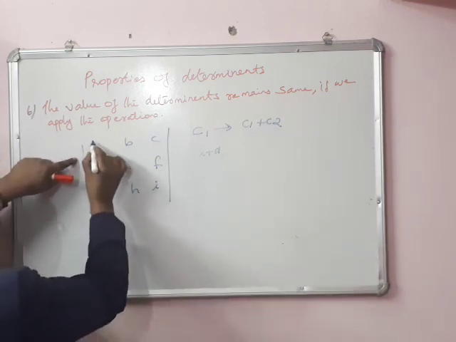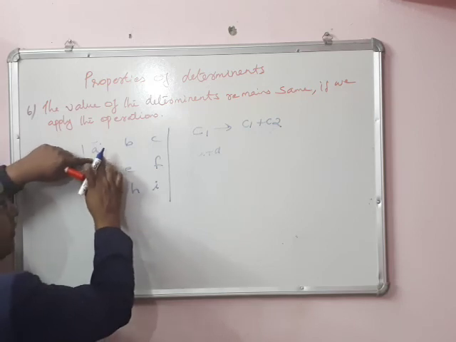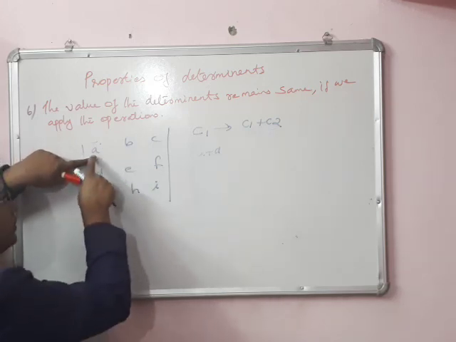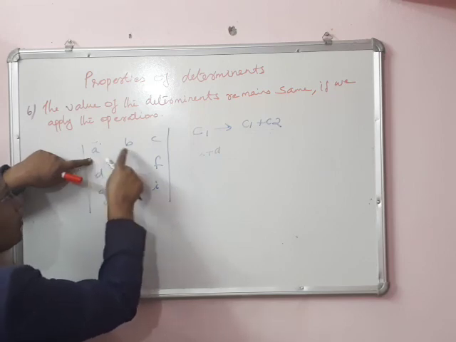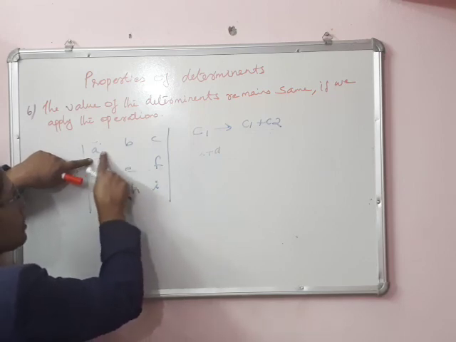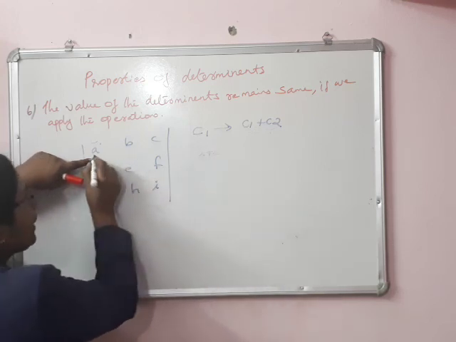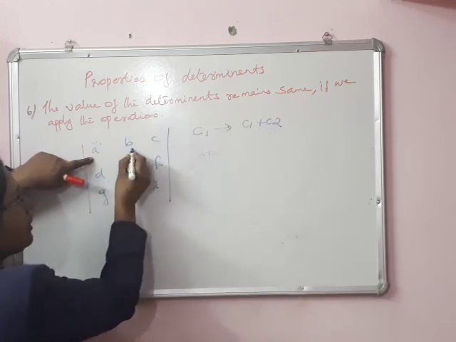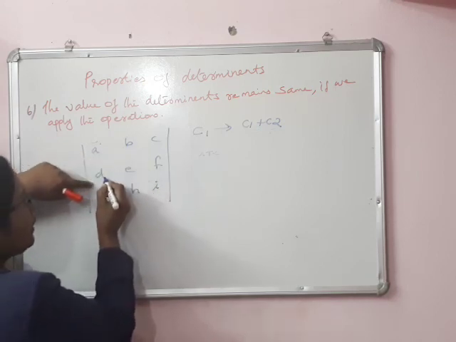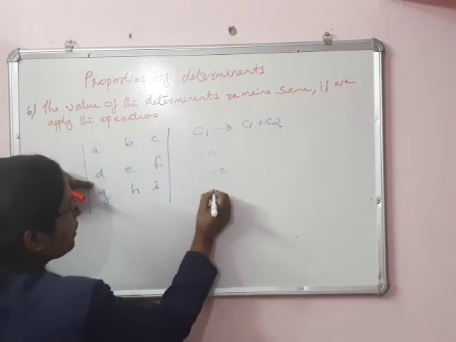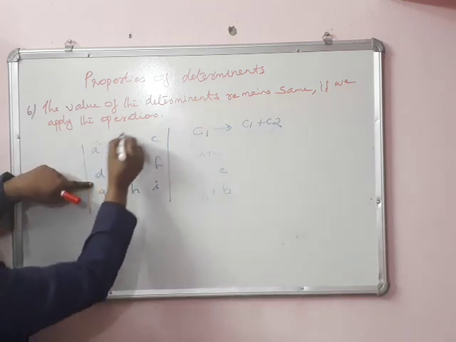See, this is C1, column 1. C1 becomes C1 plus C2, which means I add the first column and second column: A plus D, then D plus E, then G plus H. Like that I can add C1 and C2.